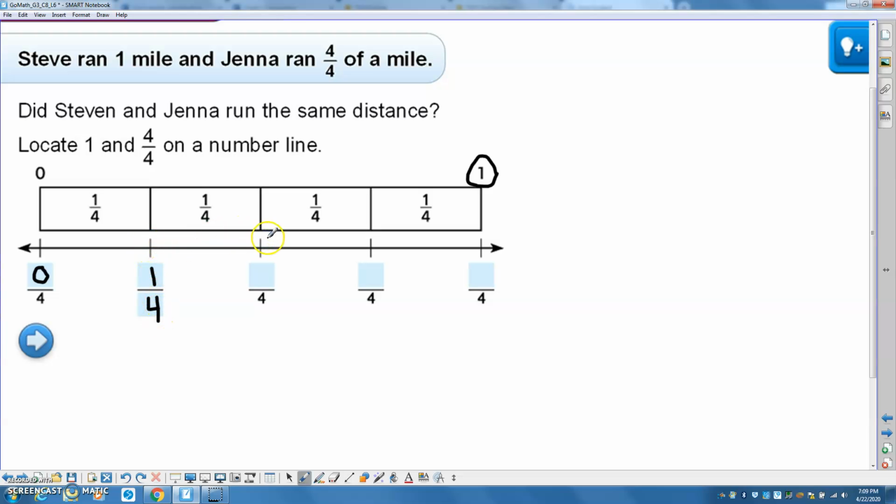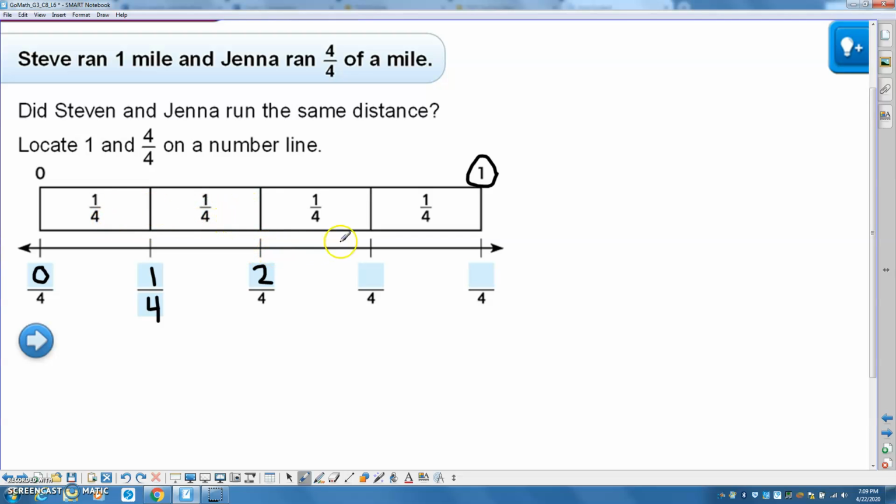If we go to our next line, we can see now we have 1/4 and another 1/4. So 2/4, that's going to be our fraction. Now we have 2 pieces of the whole, 2/4.